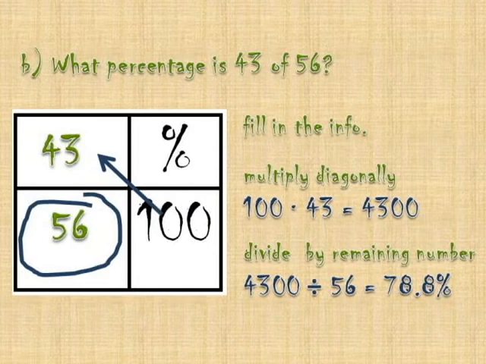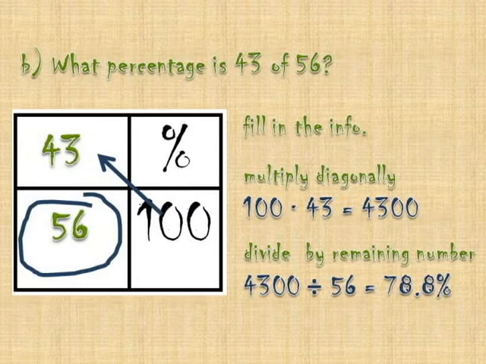Now I go back and I look to see if I answered the question. What percentage is 43 of 56? Well, according to our calculations, 43 represents 78.8% of 56. And if I think about it, this also makes sense. I wouldn't want 43 to be 80 or 90 or 95% of 56 because it is too far away.